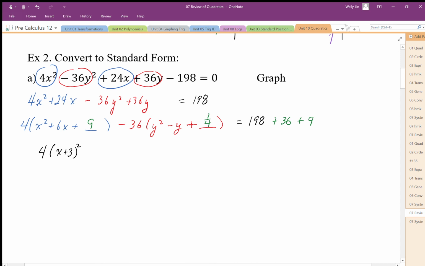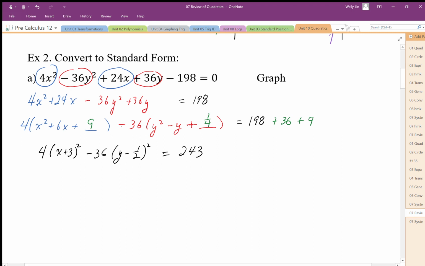That allows me to find my vertex. So this is going to be y minus 1/2. Adding this together, this is going to be 45 plus 243, which I think is right.